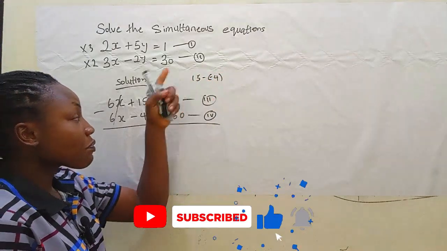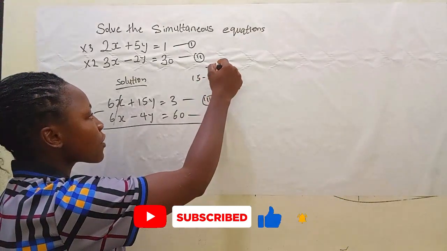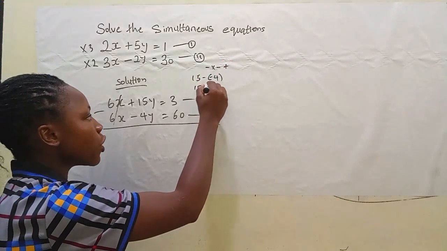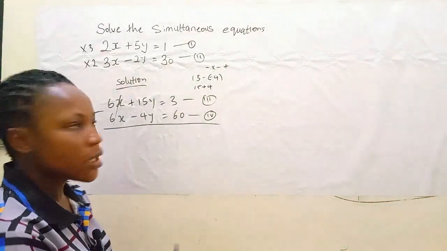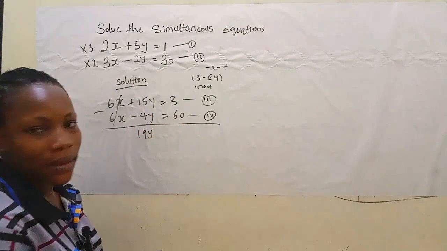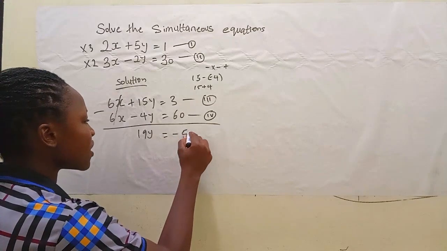This thing is multiplication, and minus times minus is addition. So this one is going to change to 15 plus 4. Alright, so what I want to have here is 19y, while here we are going to have minus 57.